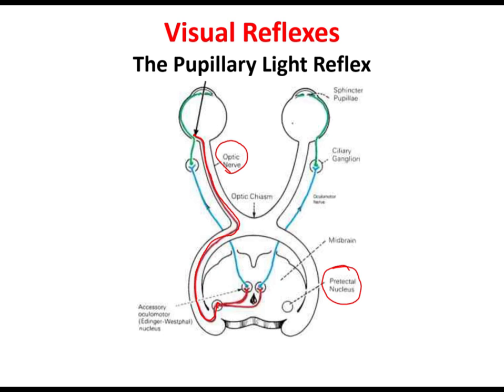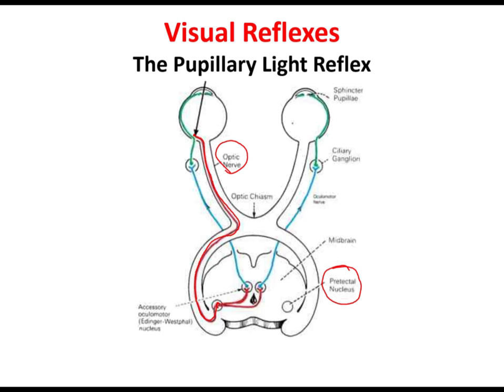We will see this shortly. The pretectal nucleus is in the midbrain area. Again, remember what we referred to as the tectum is the area that lies posterior to the cerebral aqueduct. So the pretectal nucleus we saw earlier. So that's the information carrying into the central nervous system, the light information.